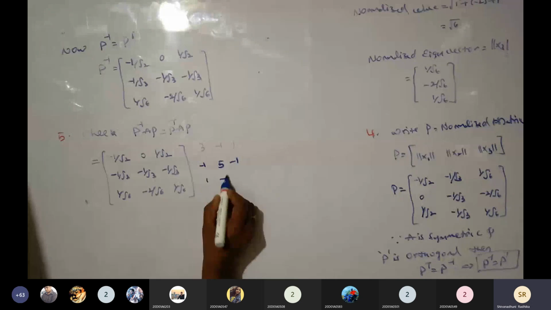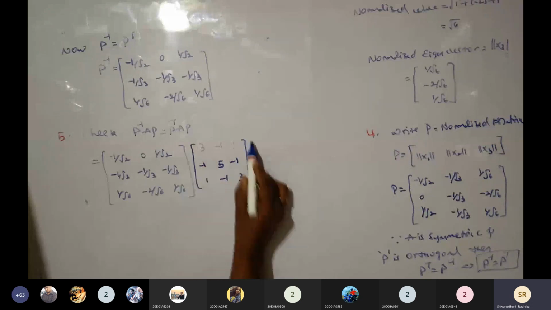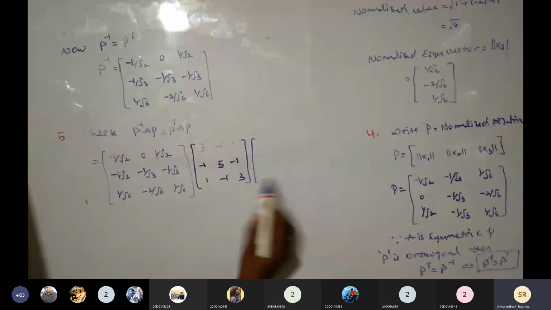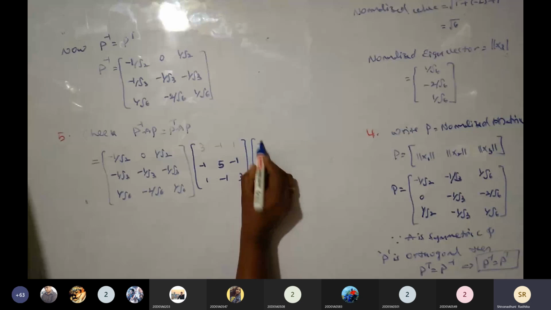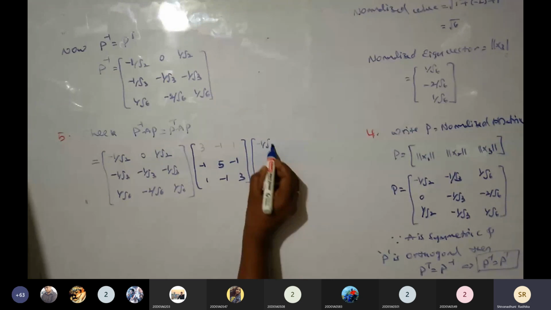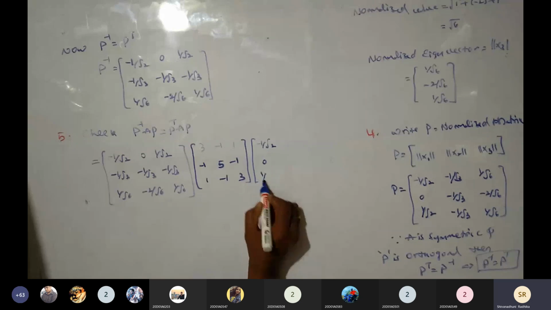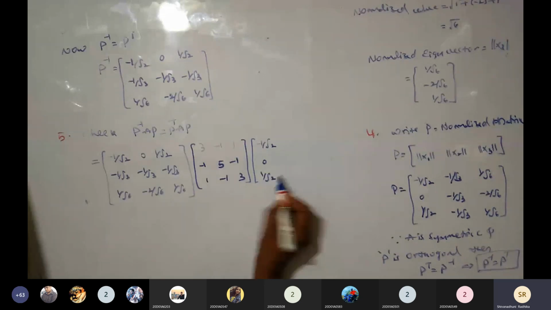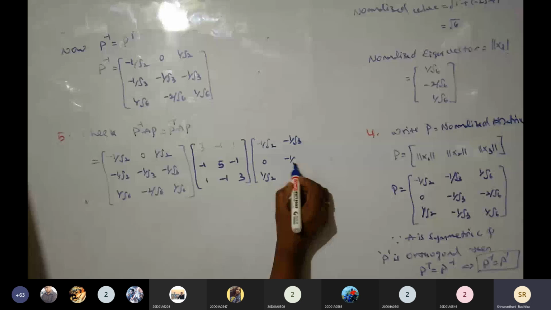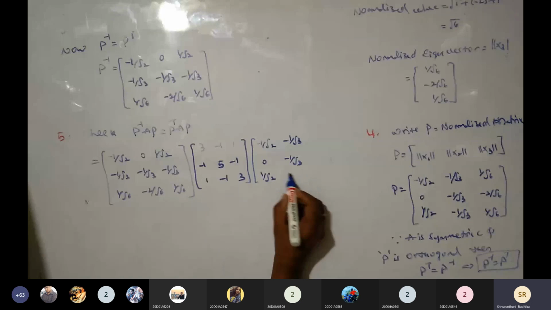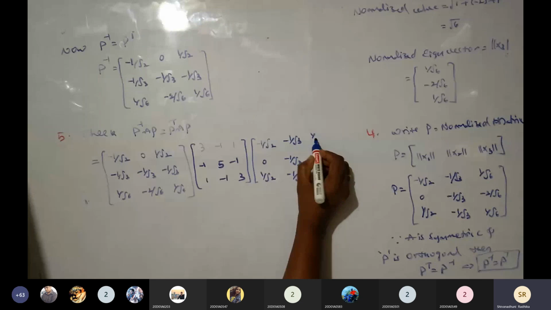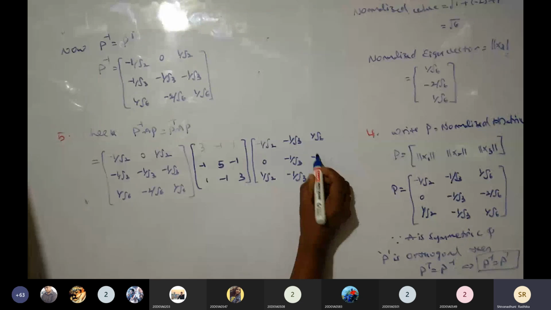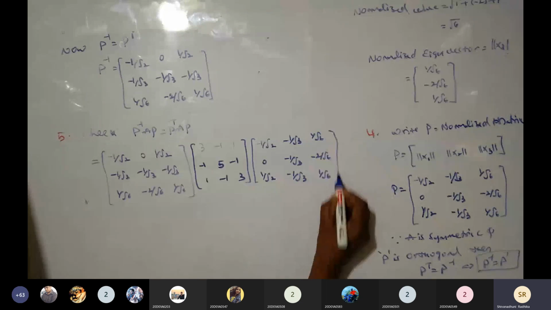It is capital A into capital P, which is minus 1 by root 2, 0, 1 by root 2, minus 1 by root 3, minus 1 by root 3, minus 1 by root 3, 1 by root 6, minus 2 by root 6, 1 by root 6. By the multiplication of this, we can get the diagonal matrix. The diagonal matrix is 2, 0, 0, 0, 3, 0, 0, 0, 6.